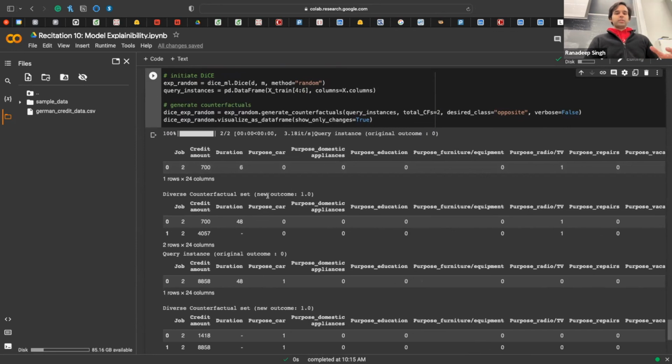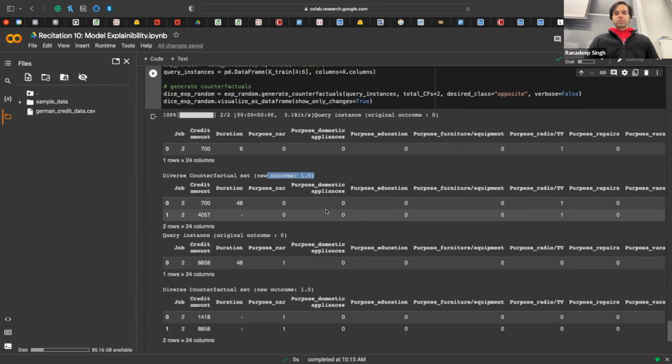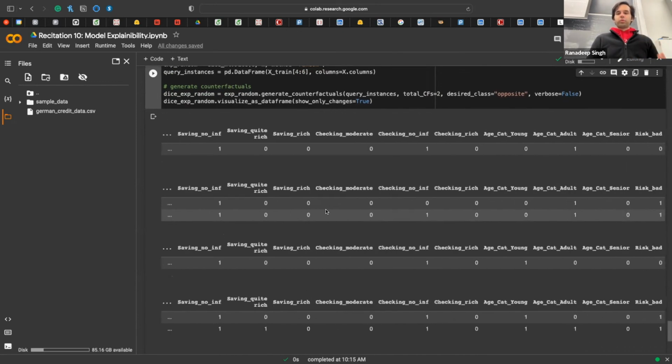What it says now is that it created, because we told it to create 2 counterfactuals, that was an argument to the function, total CFs equal to 2. You're telling it to generate 2 examples that would flip the model's output to 1. So it gave us 2 of these answers: what would be different?